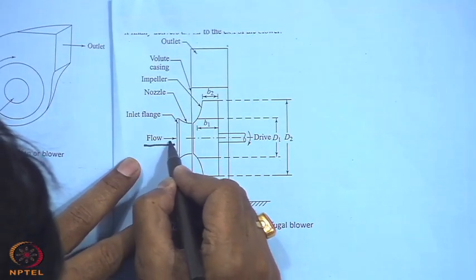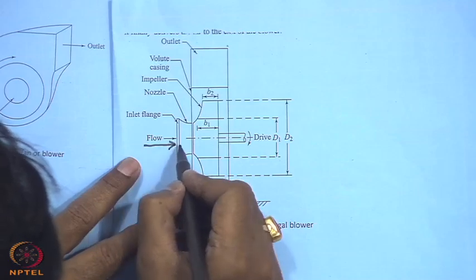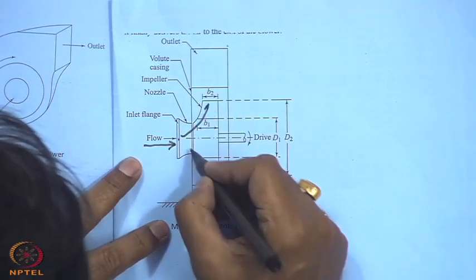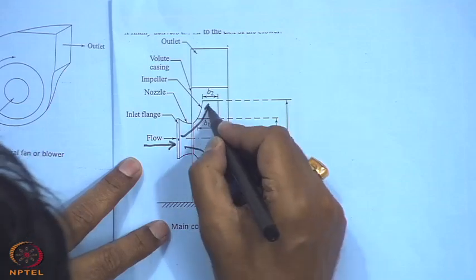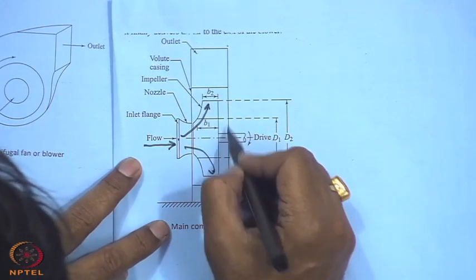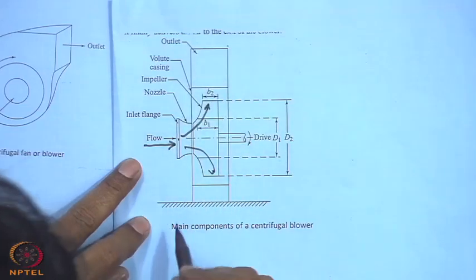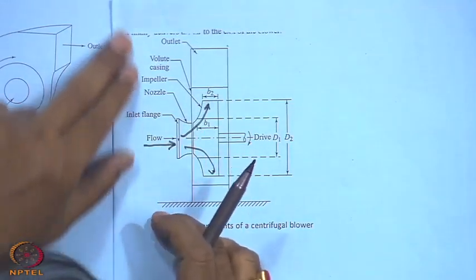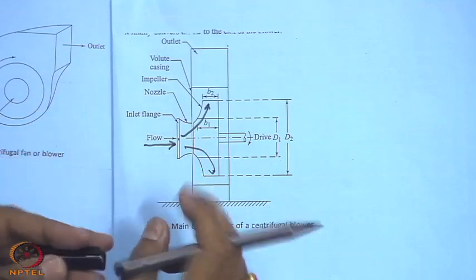That means it is induced in the axial direction, then the flow changes to the radial direction. So, this is the radially outward flow. Then it comes out, and this is the volute casing and this is the outlet. So, these are the main components of a centrifugal fan or blower.